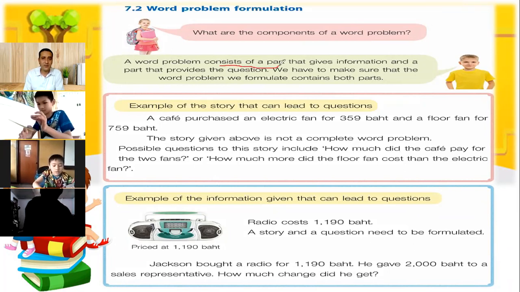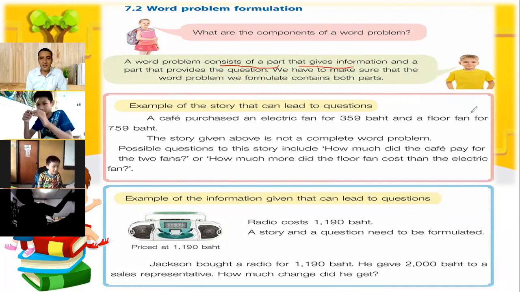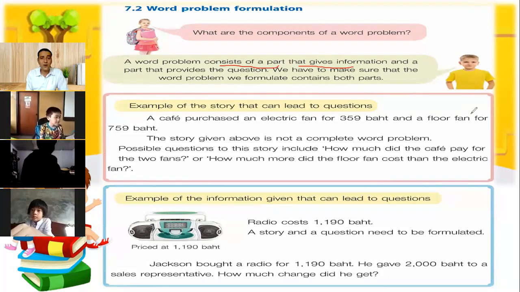One part gives information, and the other part provides the question. In one part, they give information, what they would like us to know, and in the second part, we have the question. What is the question they are asking?